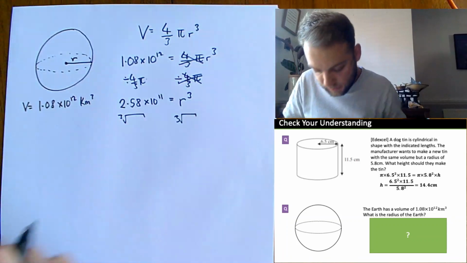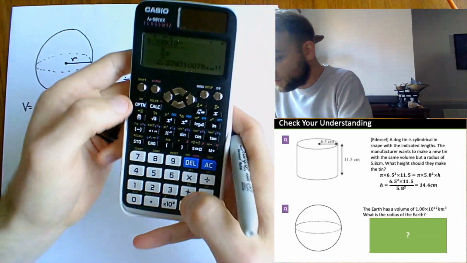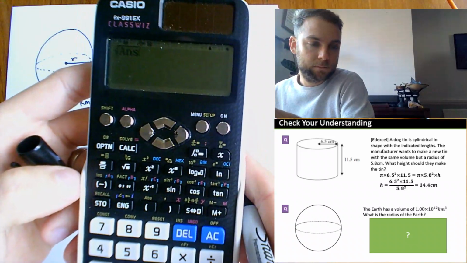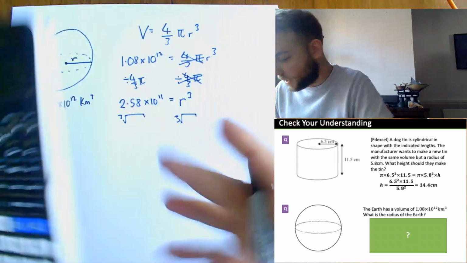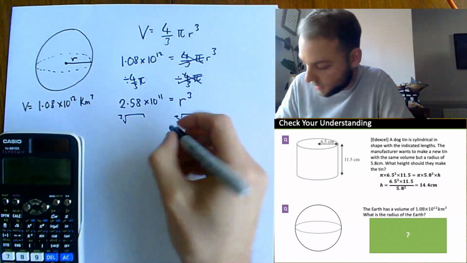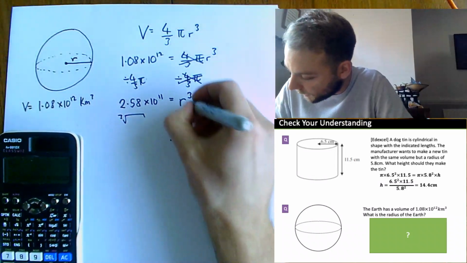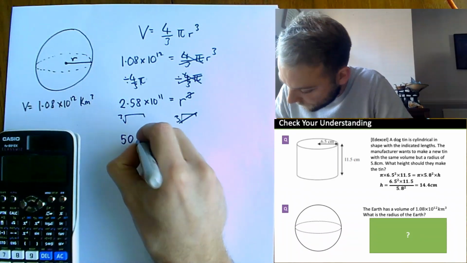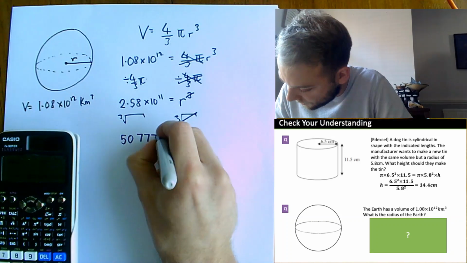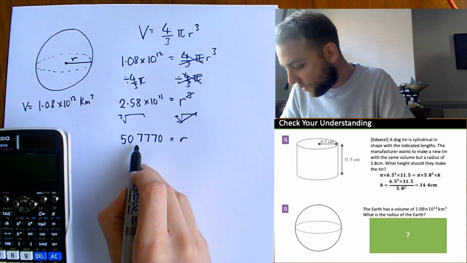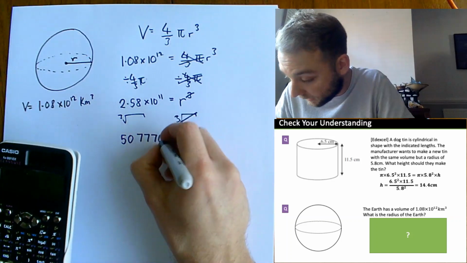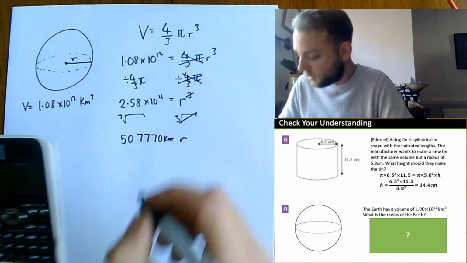So I'm going to cube root my answer, which in this case, my radius is equal to 507,770. So what's that? 507,770 is equal to my radius, and that is in kilometres.